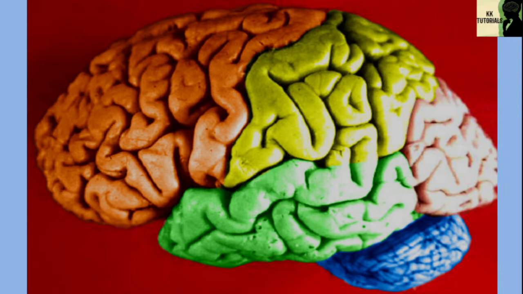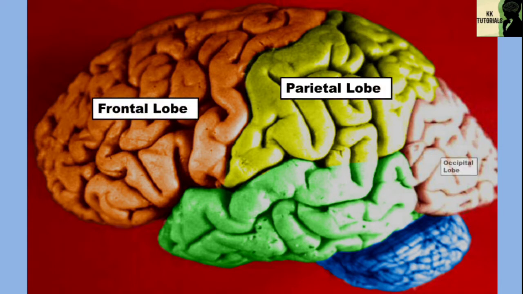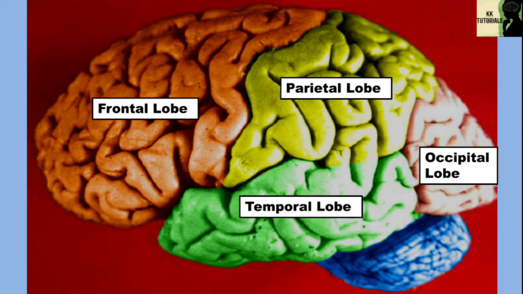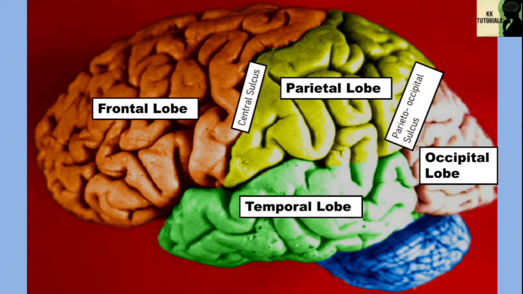From this image, you will understand all the four lobes and three sulci much better. Frontal lobe, parietal lobe, occipital lobe, and temporal lobe. And the three sulci, central sulcus, parieto-occipital sulcus, and lateral sulcus. In this image, look at this area. This is the area where parietal and temporal lobes meet.